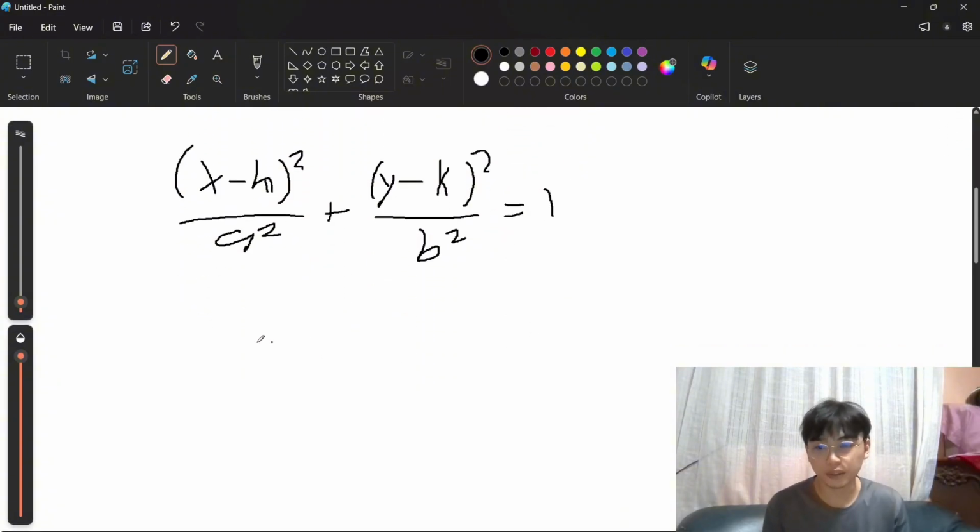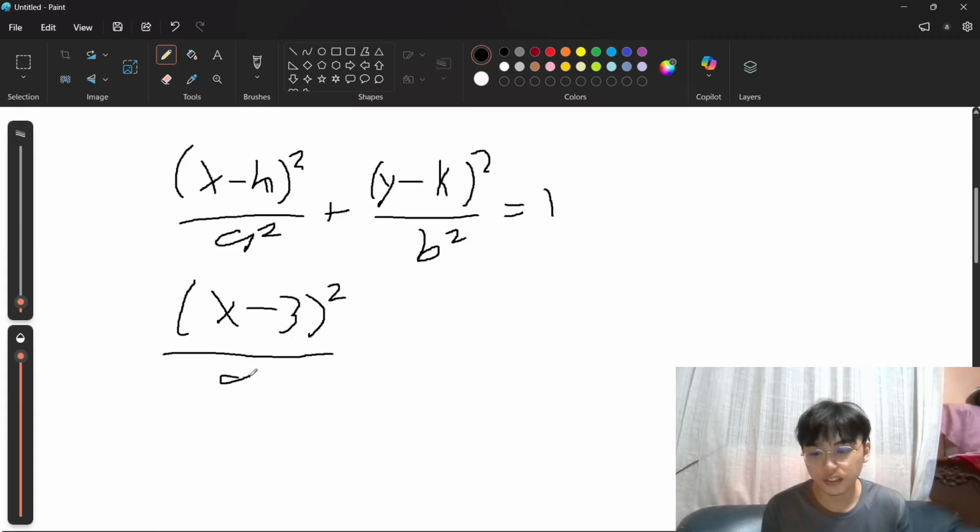So let's substitute this. We would have (x minus 3) squared over 4, and then plus (y minus 1) squared over 3 equals 1.